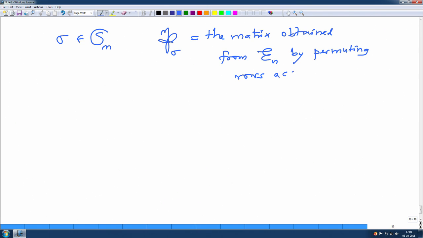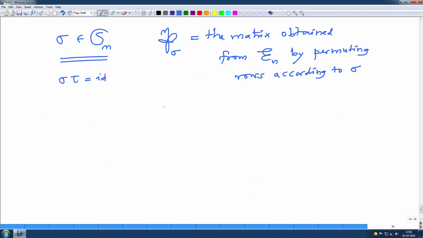Rows according to the permutation sigma. We want to say that this matrix is actually invertible. But that is again very simple, because permutations are in a group, so there is an inverse permutation, so that sigma tau is the identity permutation.